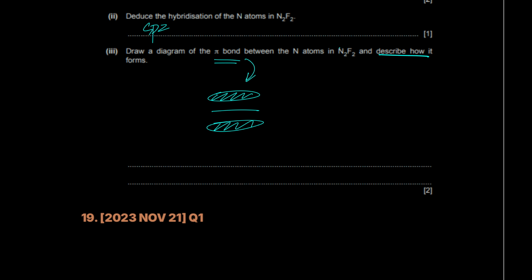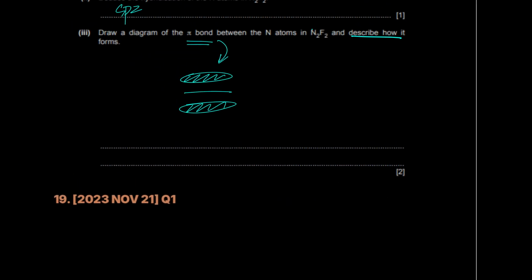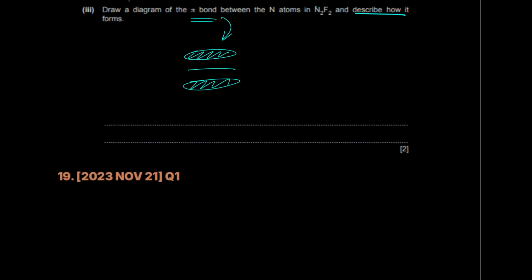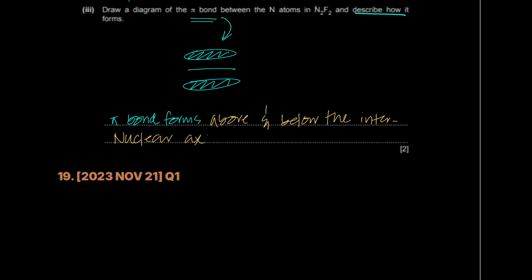So how do you describe the pi bond? Well, when the pi bond forms above and below the internuclear axis, or the plane, you could say, the plane of the internuclear axis, right here, what do I say?